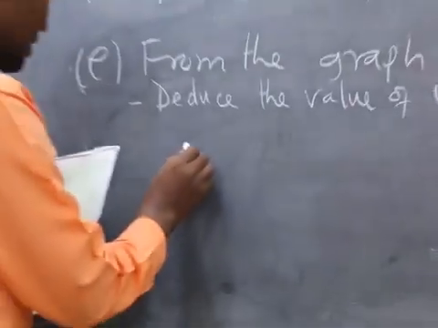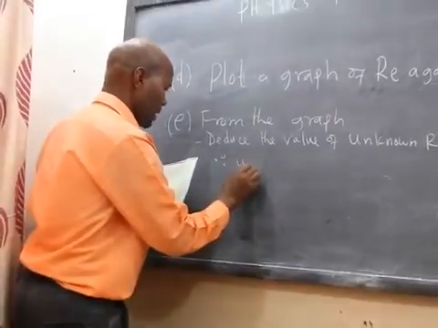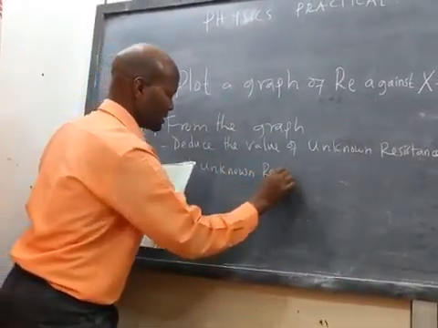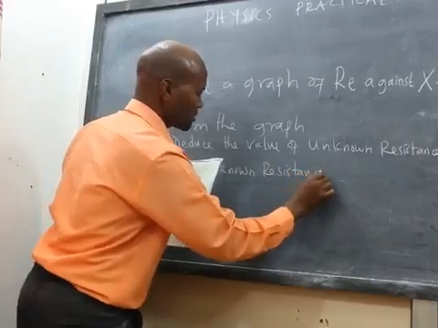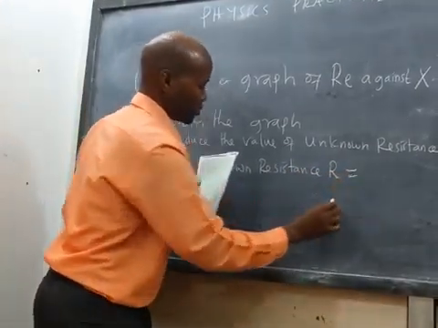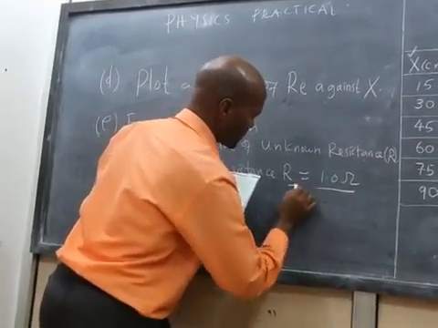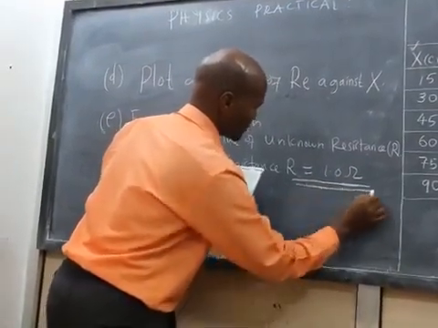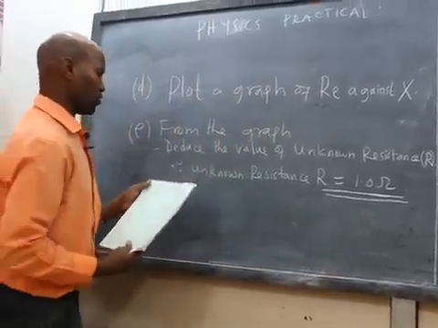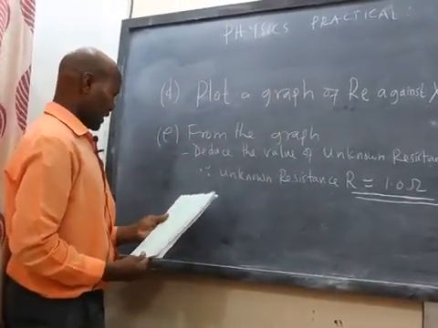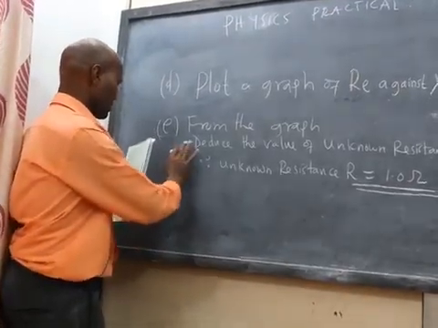Therefore we say unknown resistance R is equal to 1 ohm. This is the value of unknown resistor from the graph. We are done with that one. That was E Roman 1.